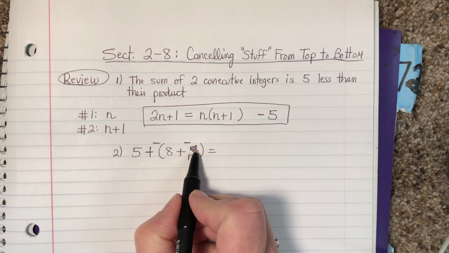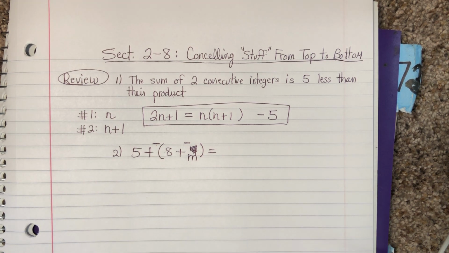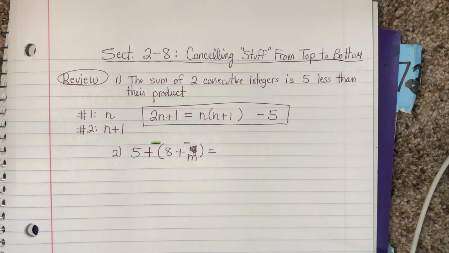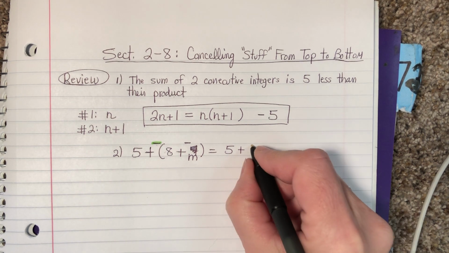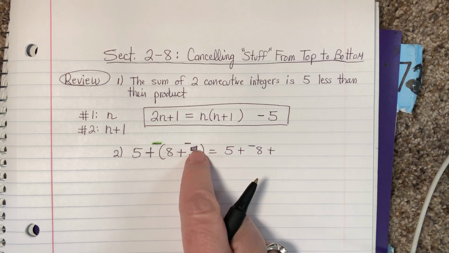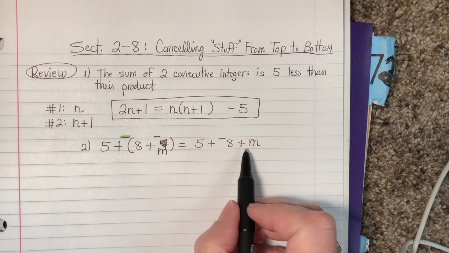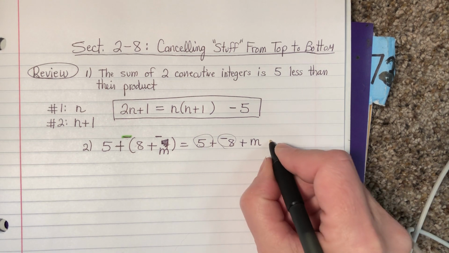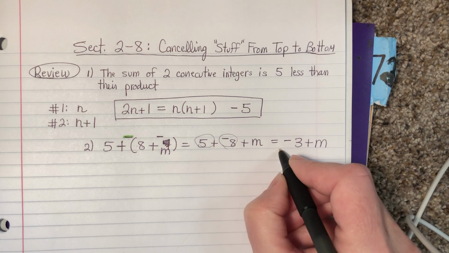Next step, we rewrite this without the parenthesis, distributing this negative sign. This negative here is going to change the sign of everything on the inside of the parenthesis. So rewriting gives me 5 plus +8 becomes -8 plus -m becomes +m. Then the last step, you look for like terms. Number adds to number, but numbers cannot add to an m term. So 5 plus -8 is -3 plus m, and that would be my answer.